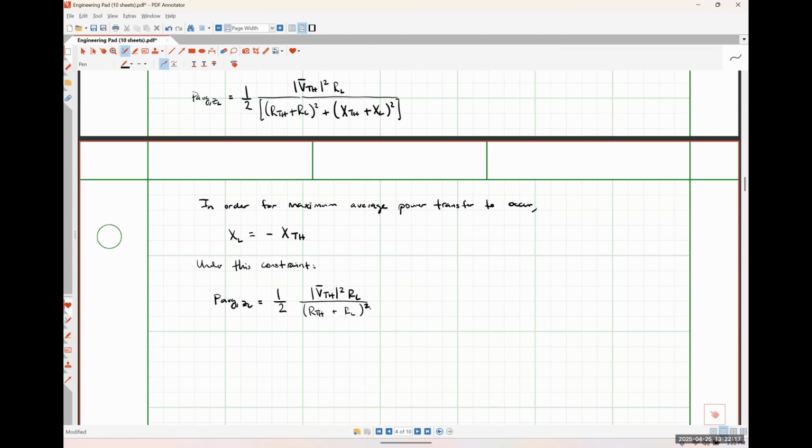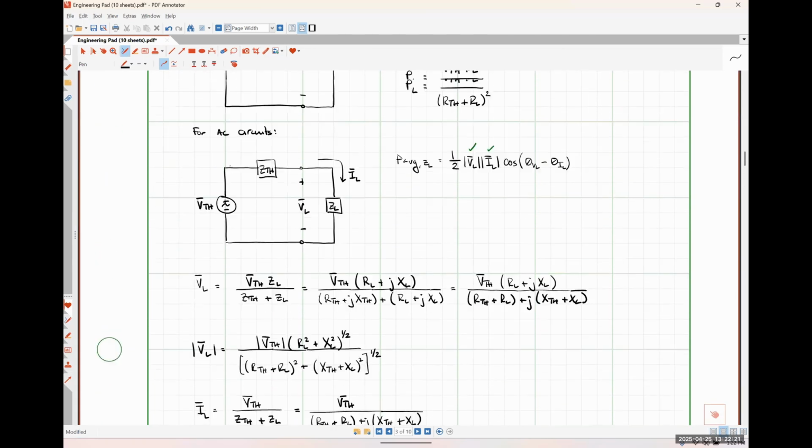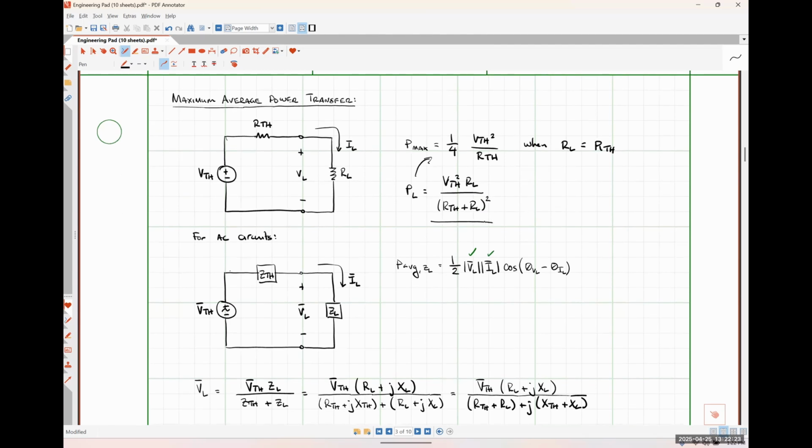But I want you to look at this guy right here and then look at what we maximized to get the constraints in our DC circuit. It's literally the exact same thing, except that there's a factor of 1/2. Because this value of VTH right here was just a magnitude of that voltage, right? So we have effectively already done that part back in circuits 1.